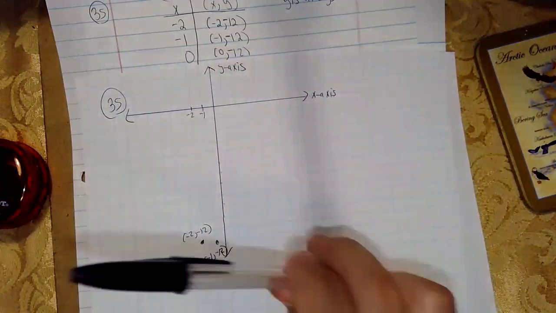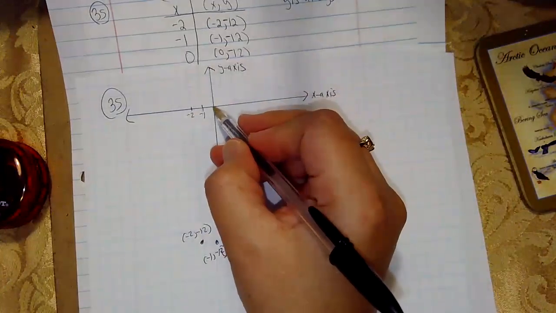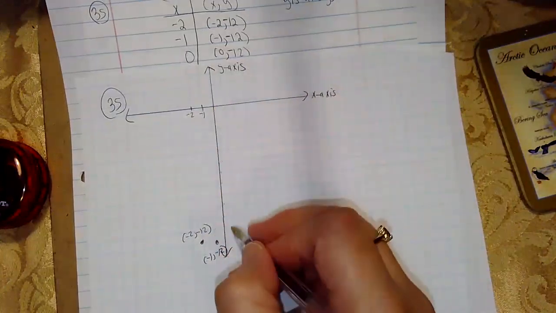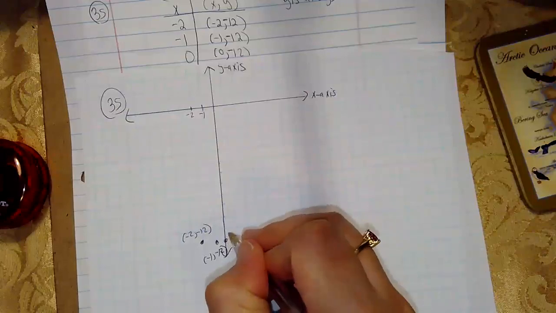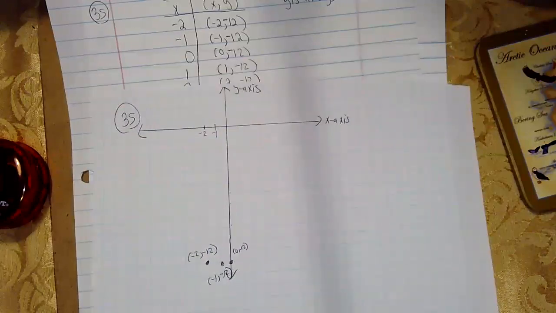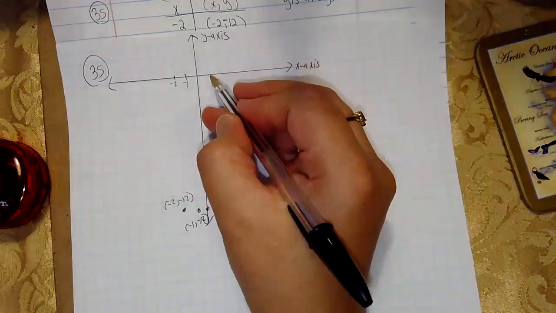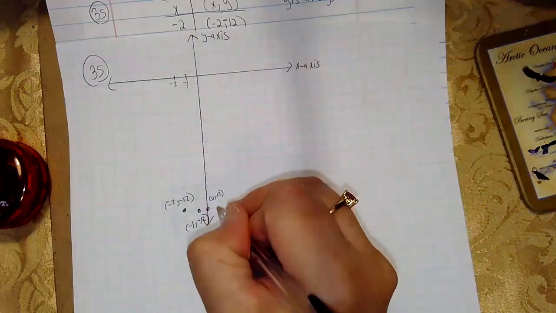So if I continue, I have 0, so 0 is right here, 0, -12, then I have 1, -12, so then I come over here, 1, then I go all the way down to -12.